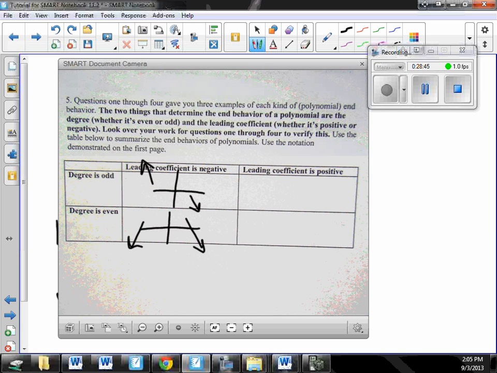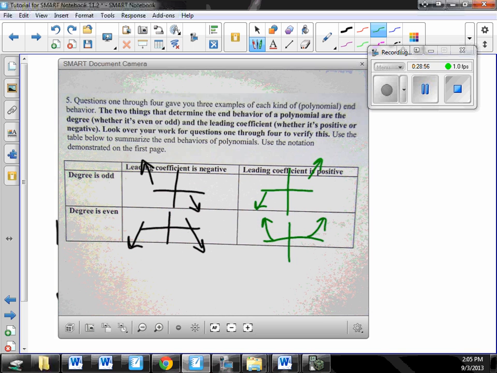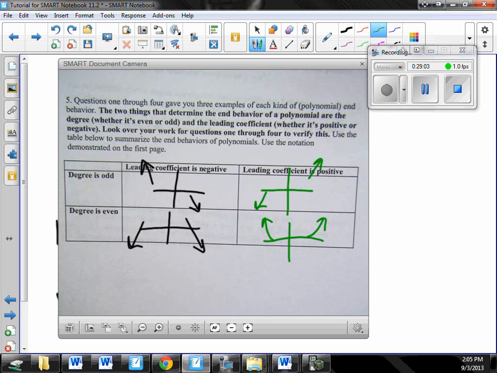Okay? And then on the other side, it's going to be exactly the opposite. So it's going to be up and down, and this one is going to be up and up. Okay?